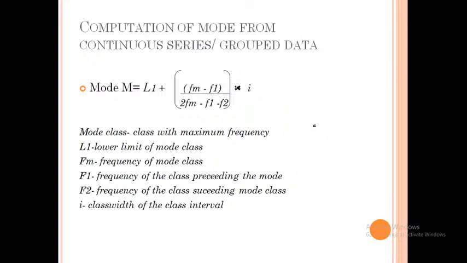For the computation of mode from a continuous series of grouped data, the equation commonly used is: mode is equal to L1 plus (Fm minus F1) divided by (2Fm minus F1 minus F2), into i. Now while computing mode, the first step is to write the frequency distribution table.